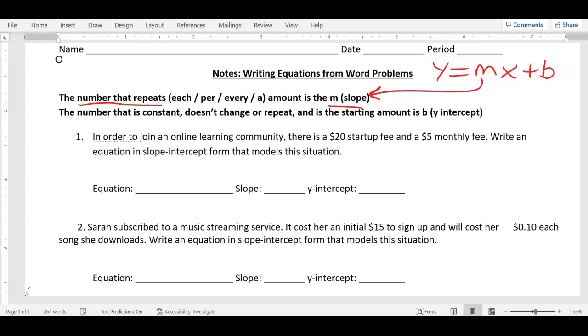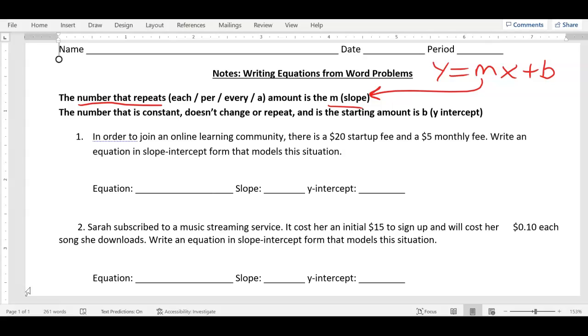So if I make $10 each day, okay, that's a slope. That's changing. 10 each day. Okay, 10 would be a slope. If I'm driving 70 miles per hour, that's a changing amount. That's a slope. Per is a slope word, okay?